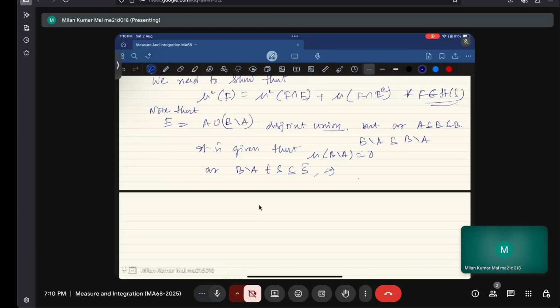That implies that mu bar of B minus A is equal to 0.